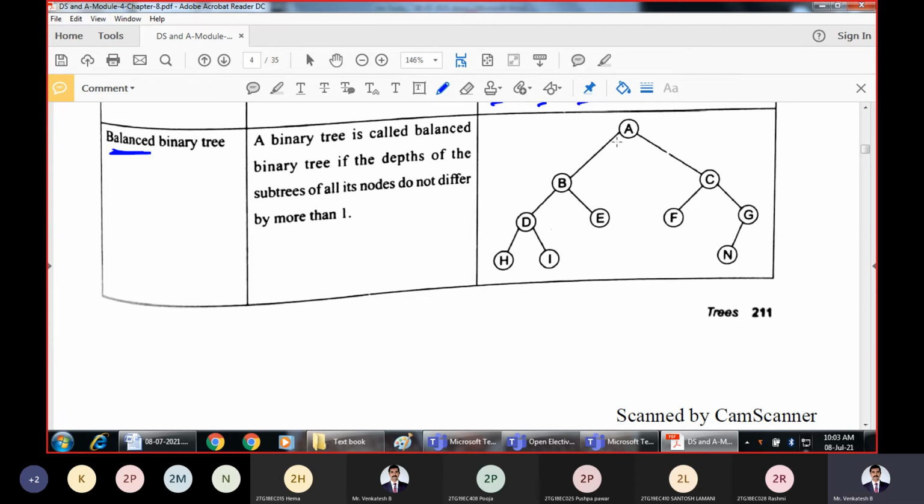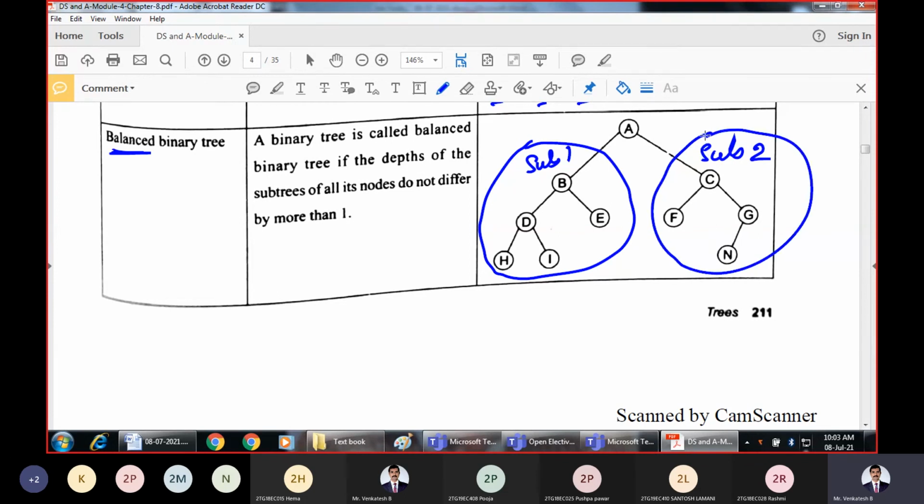Now, if you consider node A, what are the subtrees of node A? This is subtree 1 and this is subtree 2. These are the two subtrees of node A. Now consider only this subtree and isolate it.